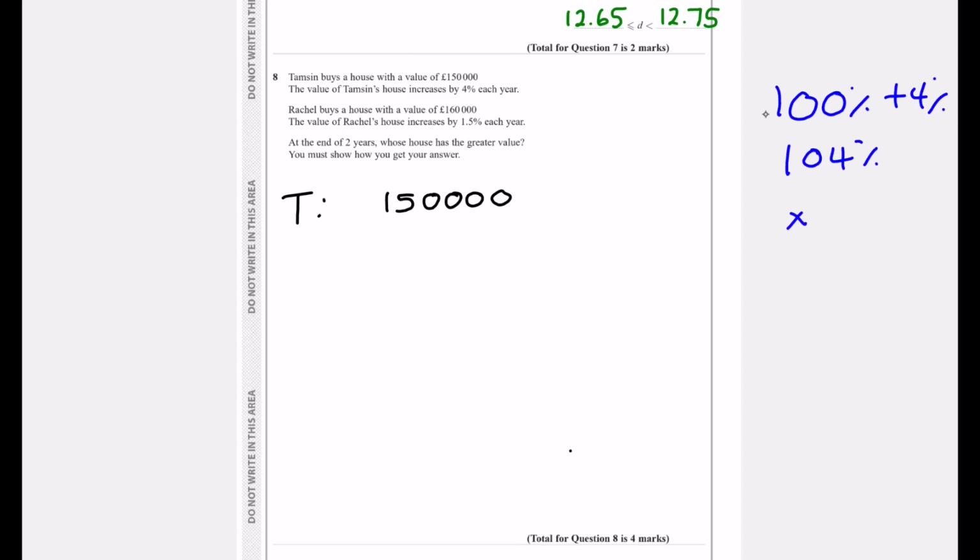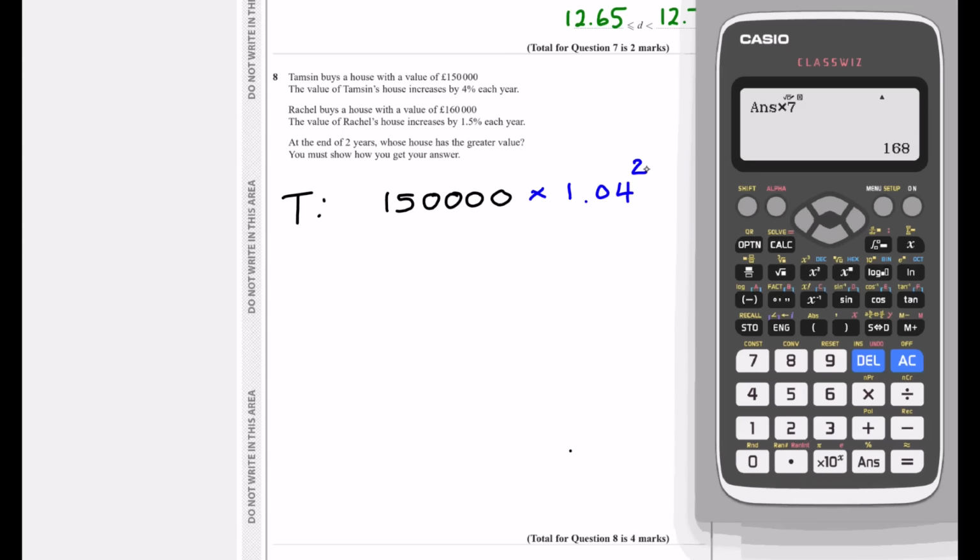To do that, we change it to a decimal, which would be 1.04. So to add on 4%, we multiply by 1.04. And we're going to do that for 2 years. So it's times 1.04 for the first year, times 1.04 again for the second year. So we're timesing by 1.04 squared.